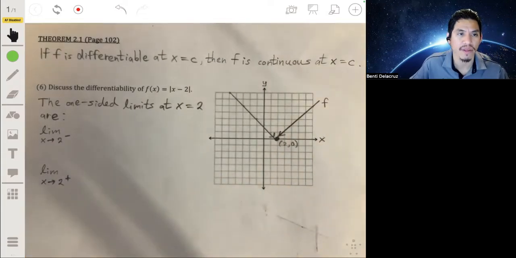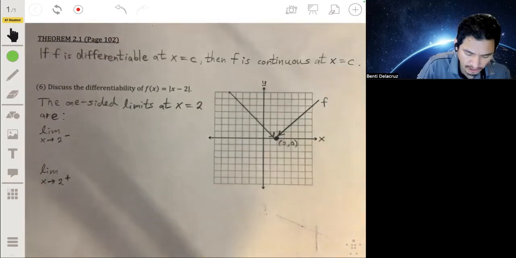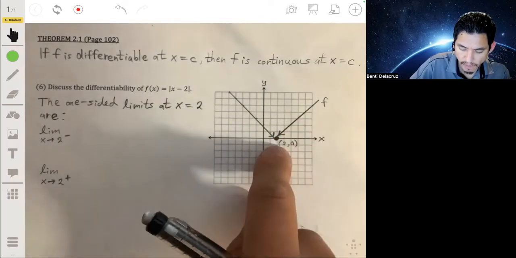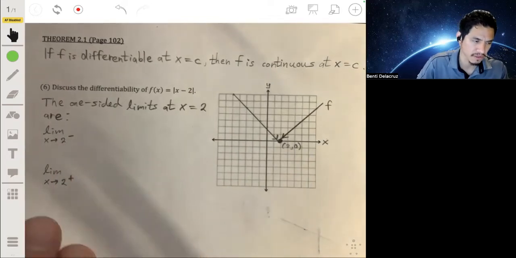So we're going to look at how they both compare. And just to re-clarify, the limits of the function from both sides are the same at 2, but I'm referring to the derivative, or the slopes.